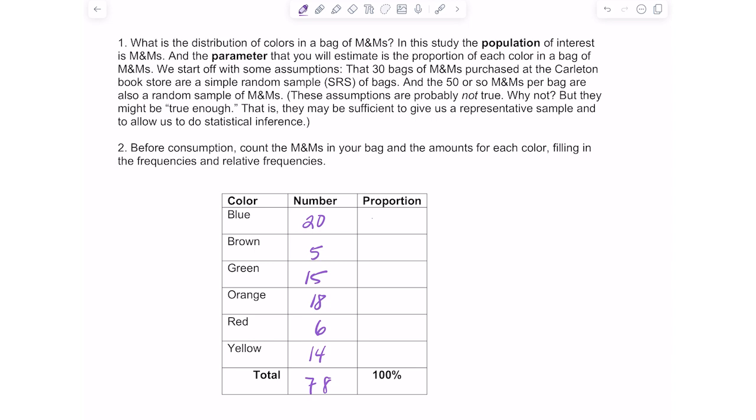So 20 divided by 78 is 0.256, which of course is 25.6%. 5 divided by 78 gives you 6.4%. 15 divided by 78 is 19.2%. 18 divided by 78 is 23.1%. And so on. And of course, our percentages should always add up to 100%.